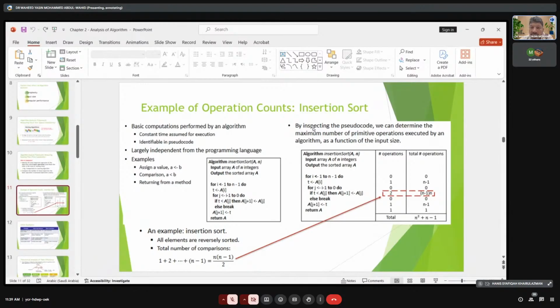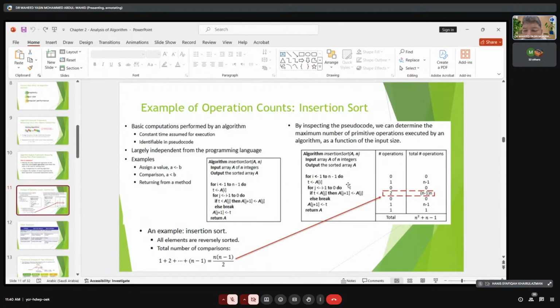Here, by inspecting the pseudocode, we can determine the maximum number of primitive operations executed by an algorithm as a function of the input size. Okay, for i equal, same here.